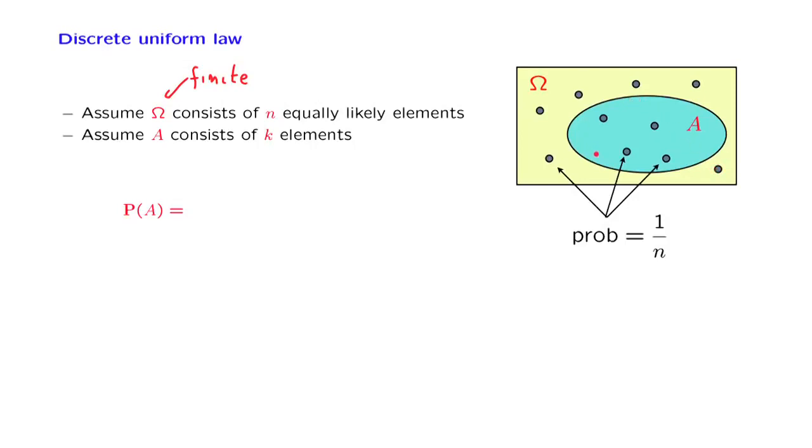Consider now some subset of the sample space, an event A, that has exactly k elements. What is the probability of the set A? It's the sum of the probabilities of its elements.